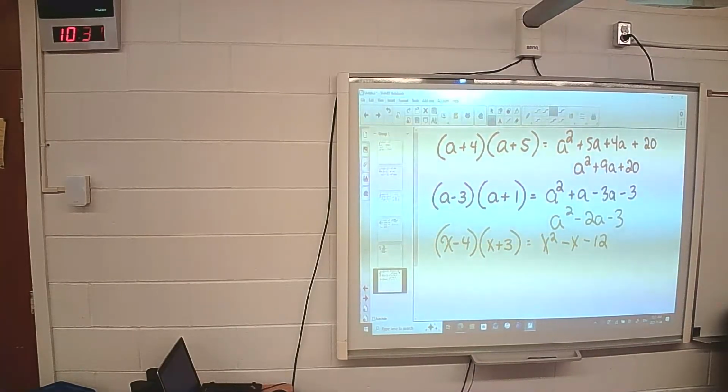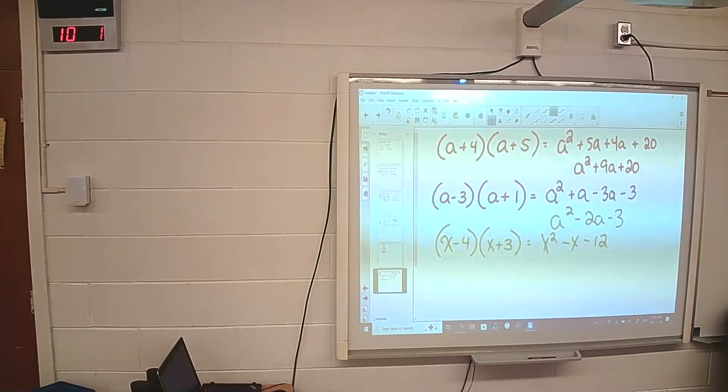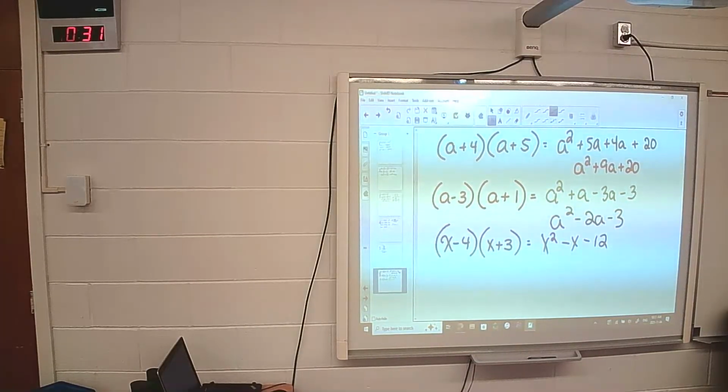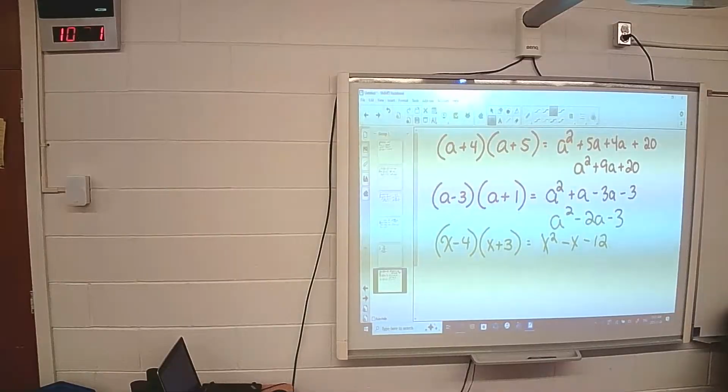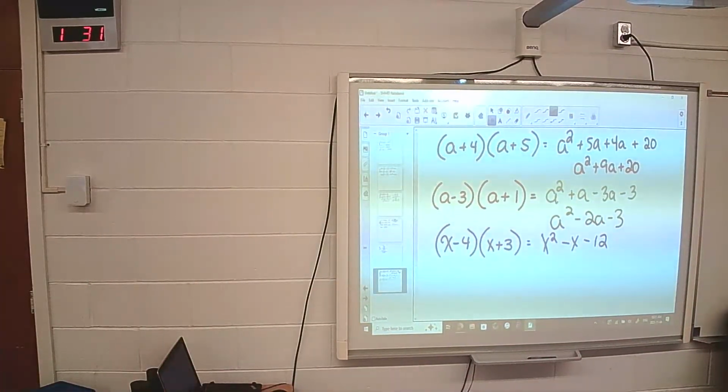Who did not get that correct? Put up your hand. Here we go. Minus 4x here, and it's minus 4 times 3, minus 12. This one is the outside, and these two, we have 4x1, minus 4x, and it's negative.